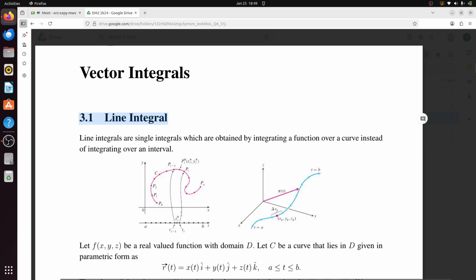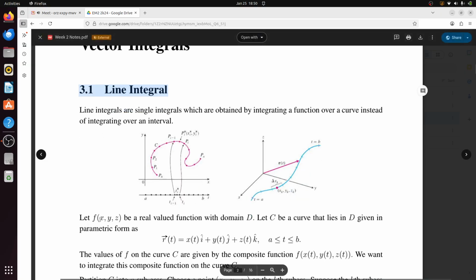First of all, we need to sharpen some concepts. Throughout this Engineering Mathematics 2 course, we will think of a point as a vector. Any point has coordinates x, y, z, and you can always think of this coordinate as a vector.